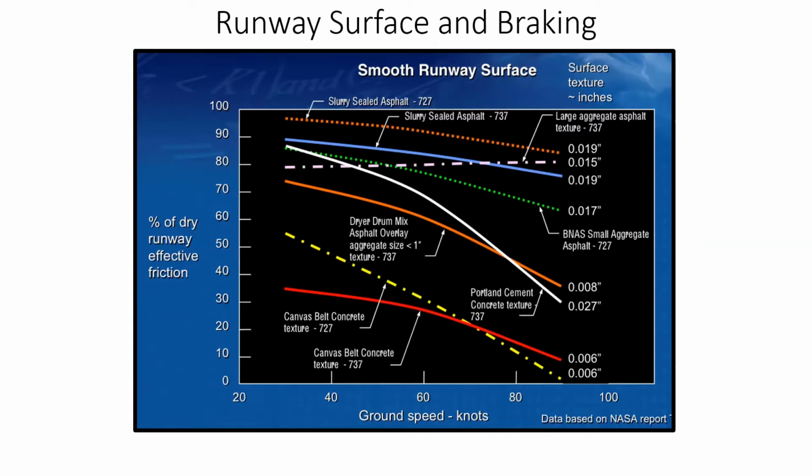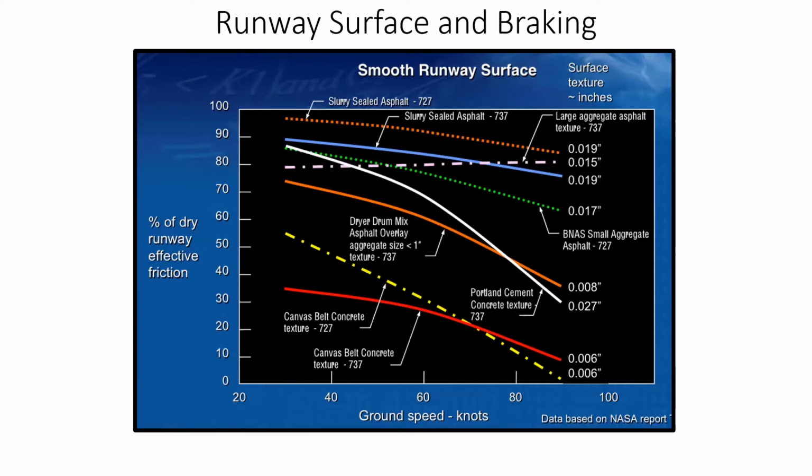Again, this chart, we looked at a similar one last week. Starting on the right side of the horizontal axis, we start with about a 90 knot ground speed, equating to an aircraft touching down at maybe around 100 knots with a 10 knot headwind. And then as it moves left, the line is showing, in all cases except for one, an increase in braking effectiveness as the ground speed decreases.